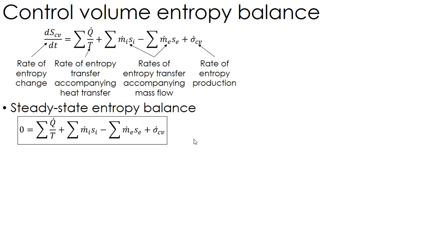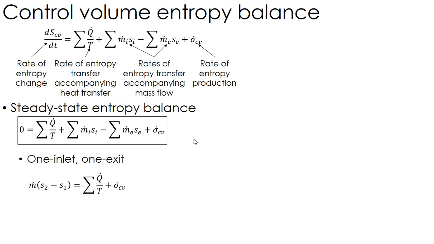So you get 0 equals the Q over T dot, and then entropy in minus entropy out, plus the entropy production. Again, this entropy production has to be positive, just like it was with the first law. This is the equation we use most often once we get to steady state. It's very similar to the closed system equation, just with mass flows, and rearranged a little bit.